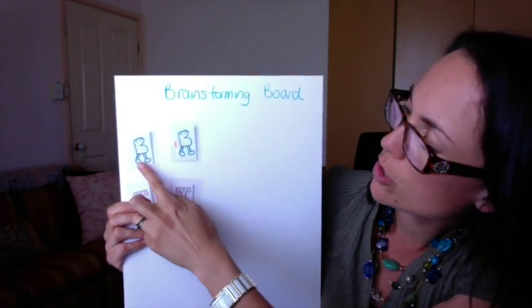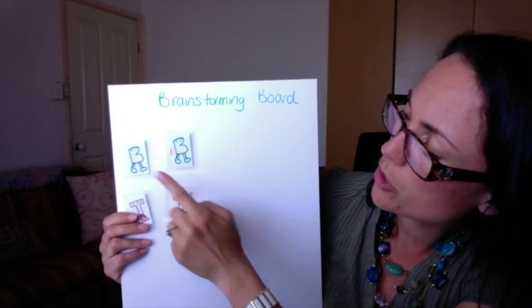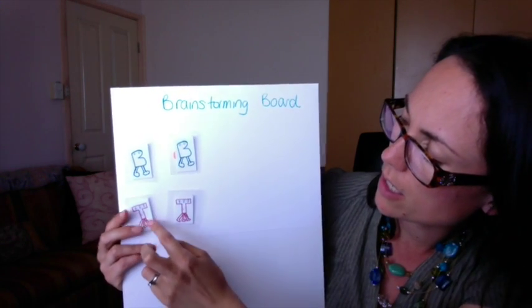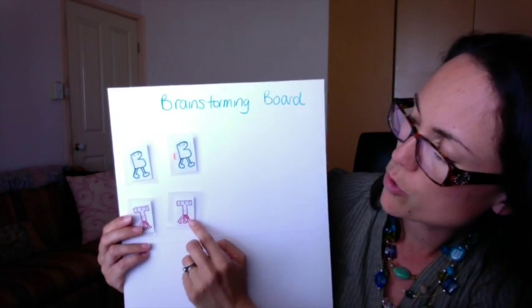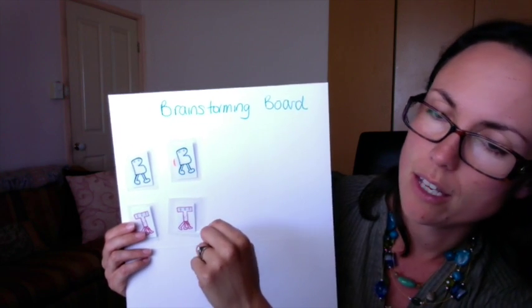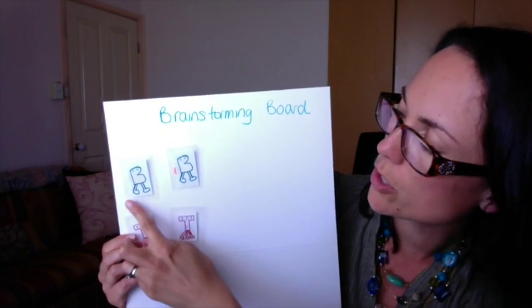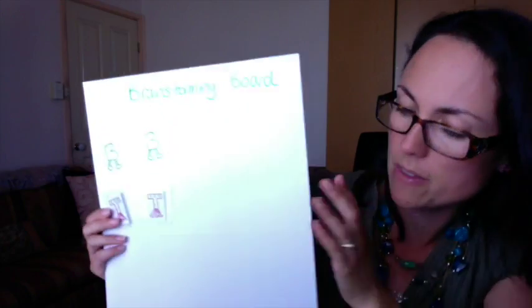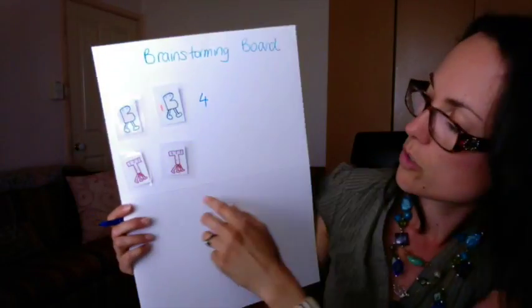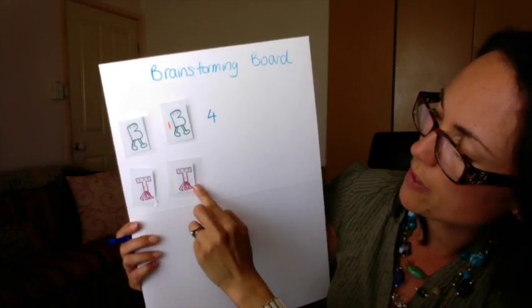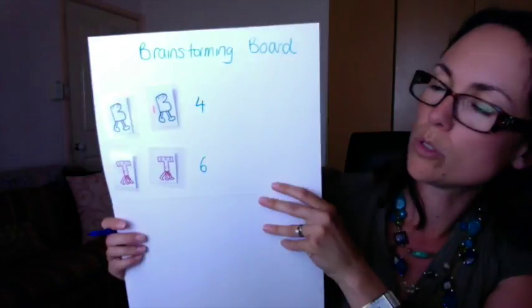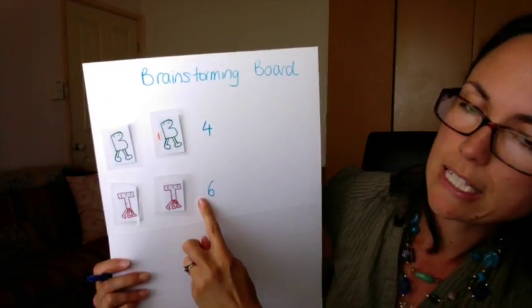We've got two groups here, 2 bipods and 2 lots of tripods. We're going to use skip counting to help us with this. So 2, 4, so that's a 4, let's write that down. And tripods is 3 and then 6, so we've got a 6, and the total of 4 and 6 is 10.